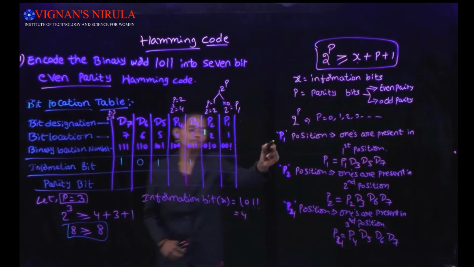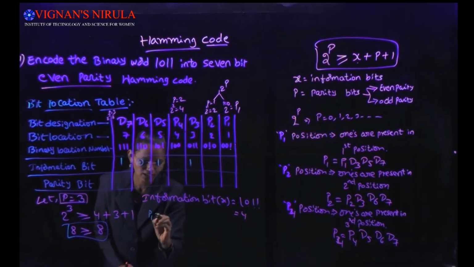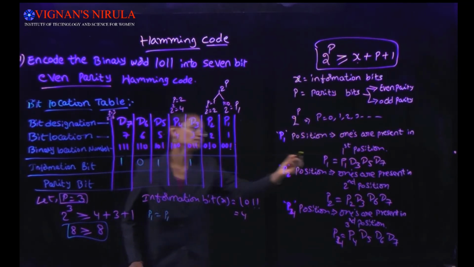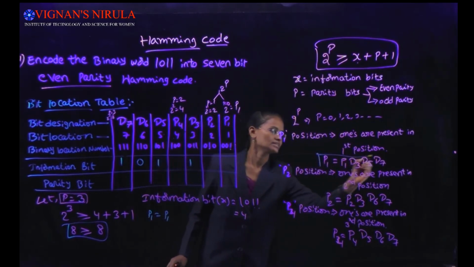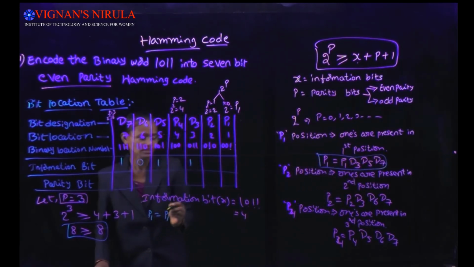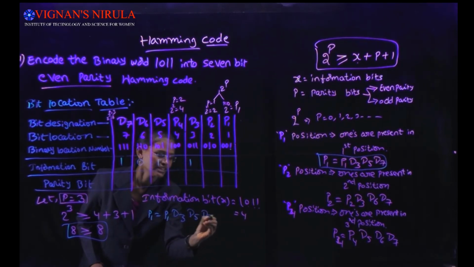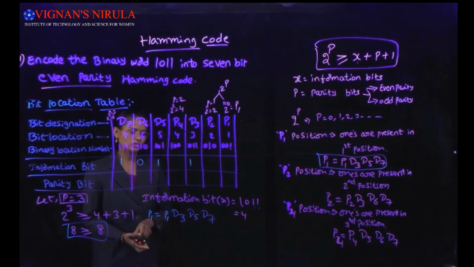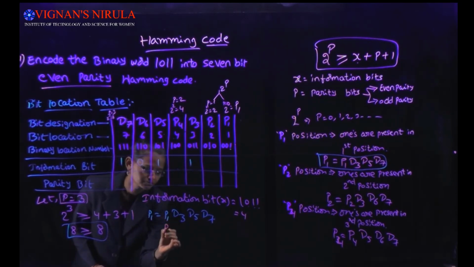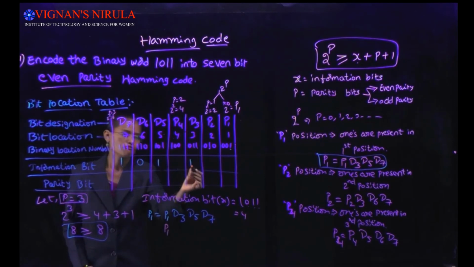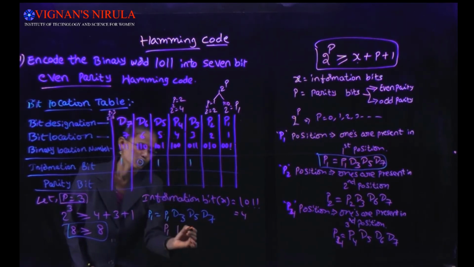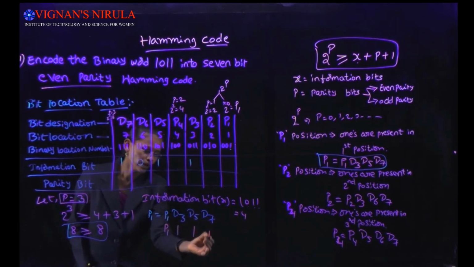Here the P1 position bits are P1, D3, D5, D7. D3 bit is 1, D5 bit is 1, D7 bit is 1.